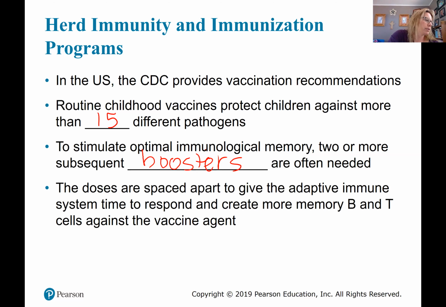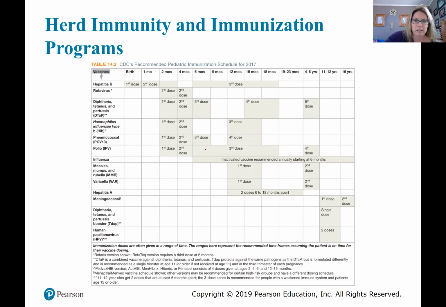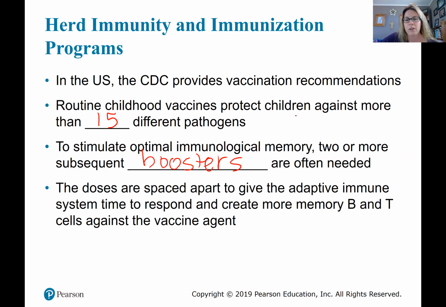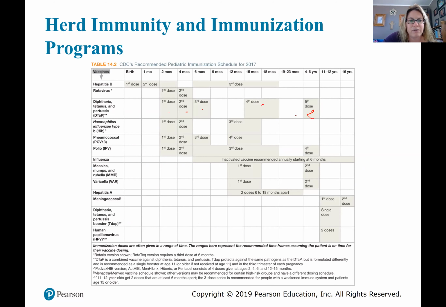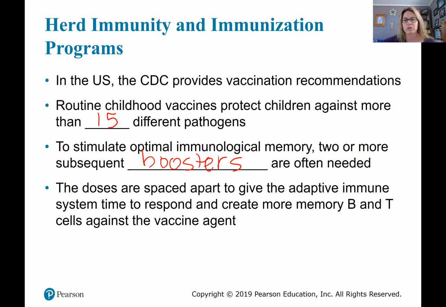But the CDC also has, if you look at this next slide, it kind of tells you, all right, for diphtheria, you should get dose 1 here, dose 2 here, dose 3 here, dose 4 here, and then 5th one here. The reason those are spread out, the reason that's different than maybe Hib down here, is because there's been a lot of research into that, and the people in the health industry know what time frames work best to allow the T and B memory cells to build up, and when they should be hit again to really develop the maximum immune response.